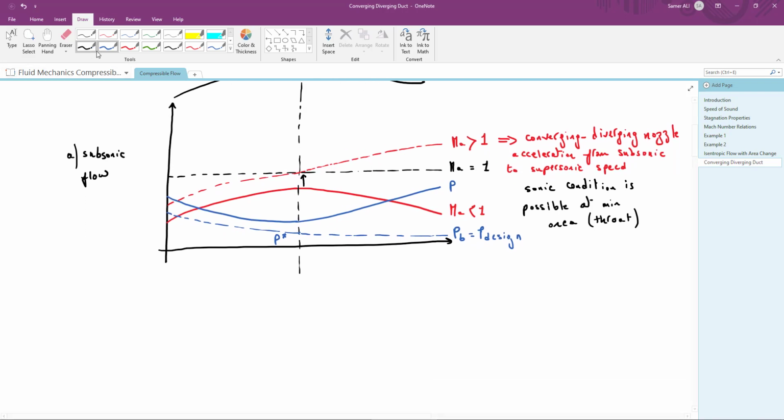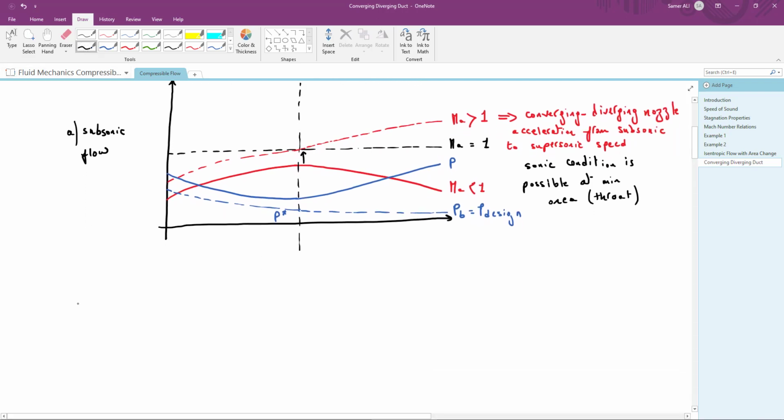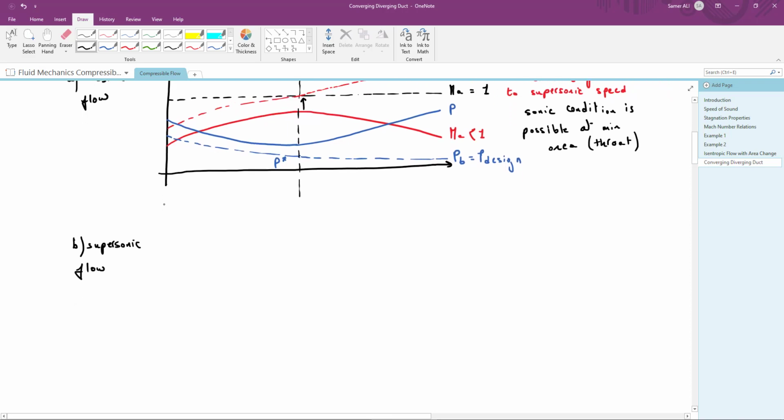Now, we will take also a second case where the flow will be supersonic at the inlet of this converging diverging duct. And also we will draw the Mach number distribution and the pressure distribution.